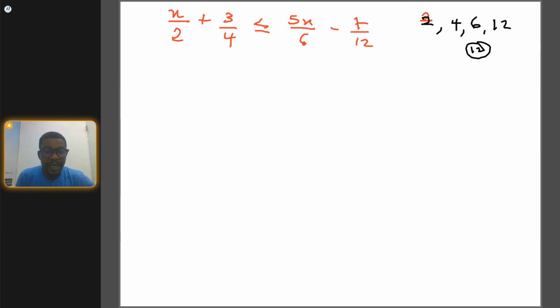All right. Now, if the LCM is 12, the question has been solved. All we need to do is to multiply through by the LCM, which is 12.